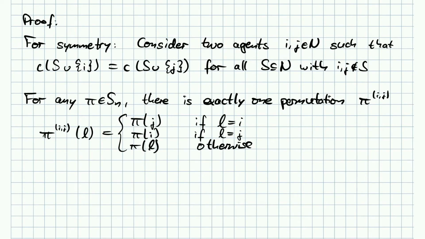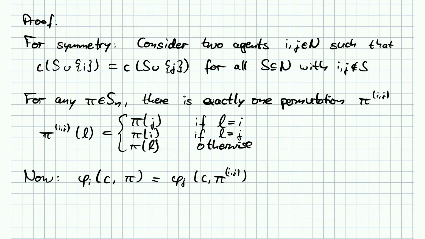And what will happen now? This phi of c comma pi, this is for agent I, so phi I of c comma pi, is exactly equal to phi j of c comma pi superscript I comma j.